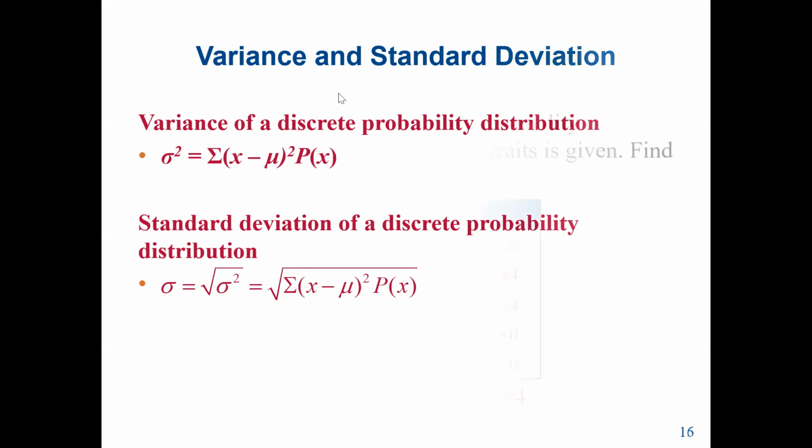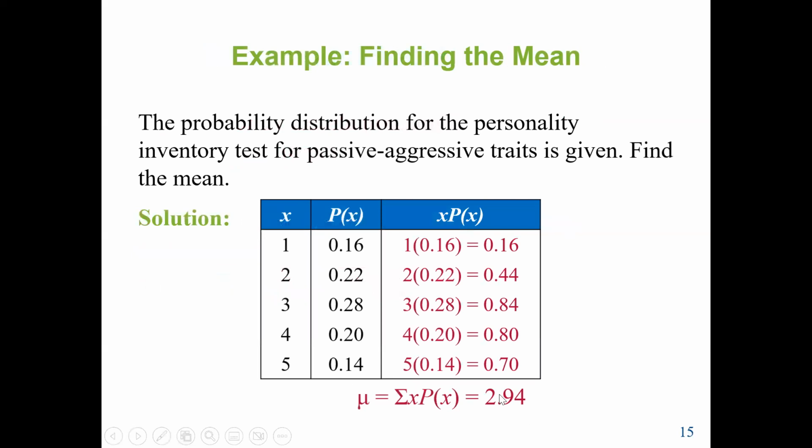So what we mean to say is, for example, here we found the mean to be 2.94. If I want to find the variance, I will find the difference between the x value and 2.94, so 1 minus 2.94, squared, times its probability, which is 0.16, plus 2 minus 2.94 all squared times its probability, plus 3 minus 2.94 all squared times its probability.